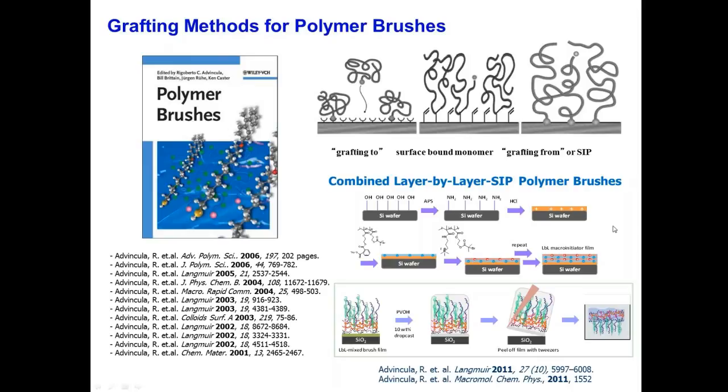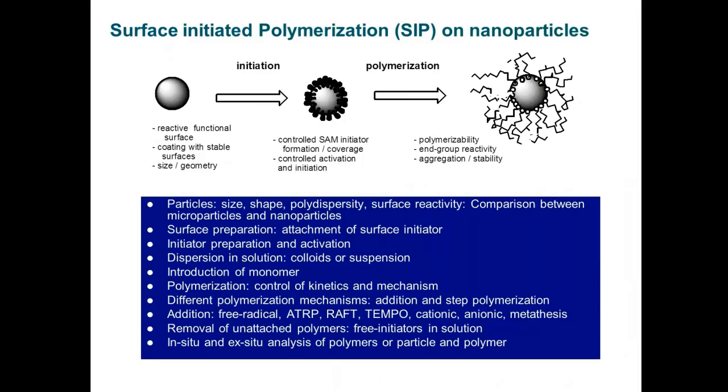Another is that what you can do on a flat surface, you can translate to particle surfaces. For example, we have a long experience in modifying clays, silica particles called nanoparticles, and we have used this to our advantage to modify formulations and compositions.